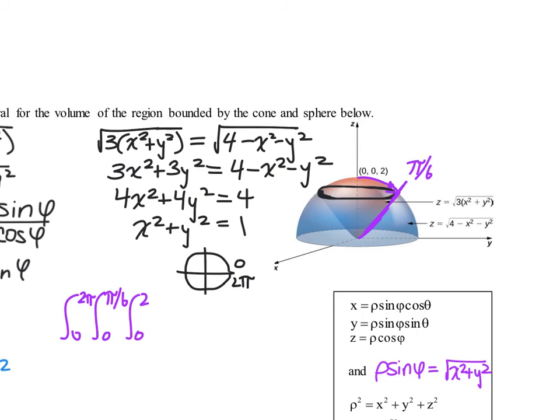So the only thing that's left, we don't need a function of rho, theta, and phi. It's really just rho squared. I should do that in the same color, it's confusing the other way. Rho squared sine phi d rho d phi d theta.